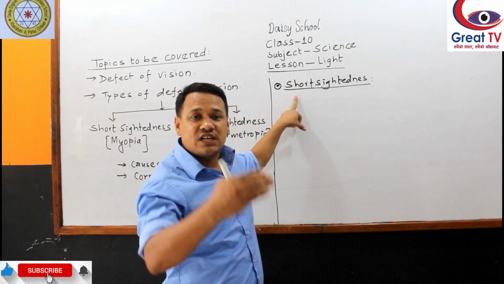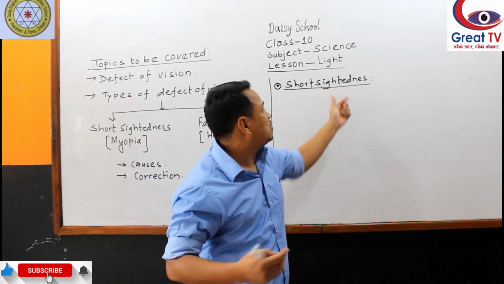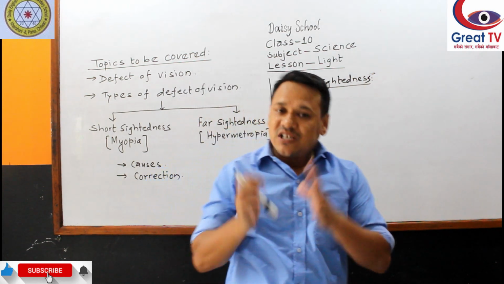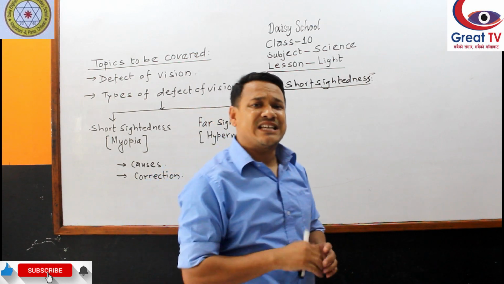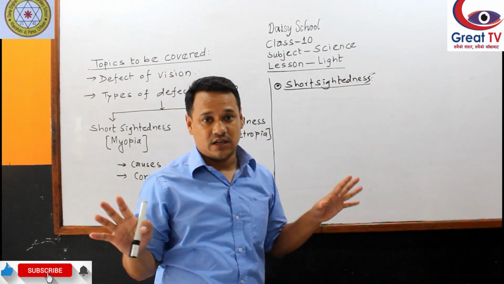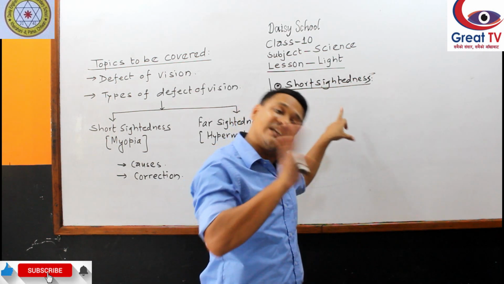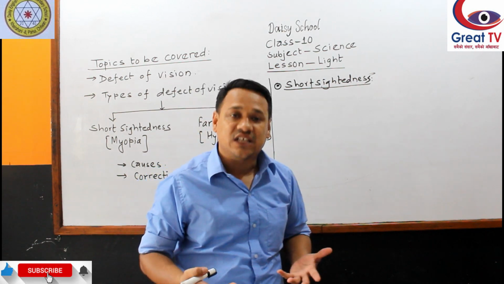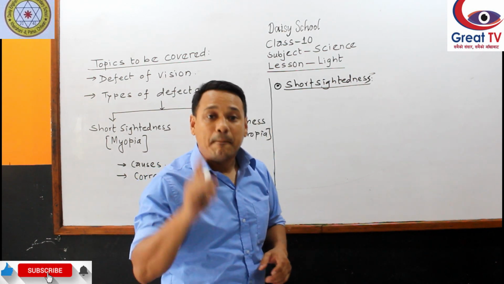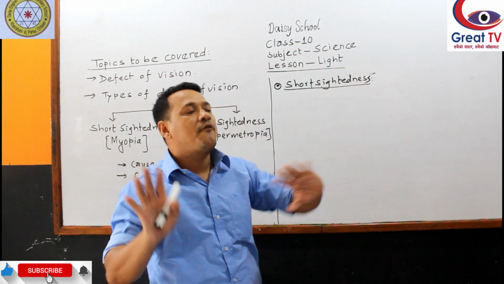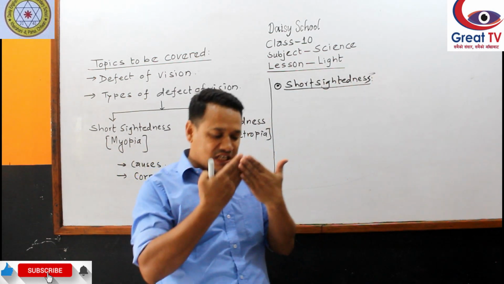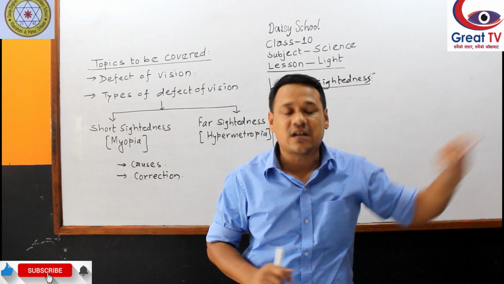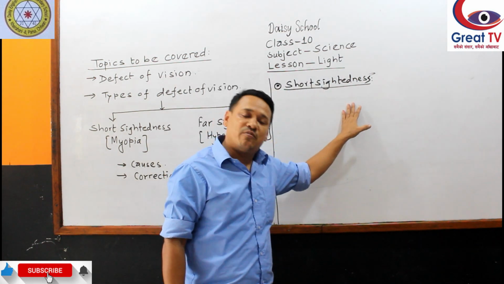So it means such a type of defect of vision in which a person can see nearby objects clearly but cannot see far objects clearly. That is called short-sightedness or myopia.